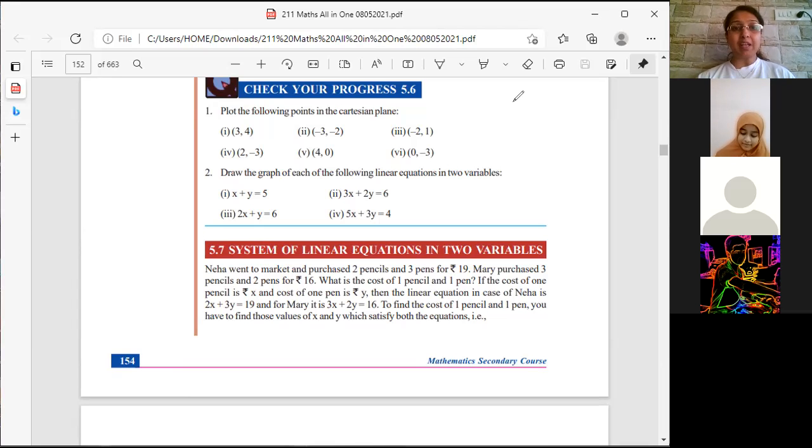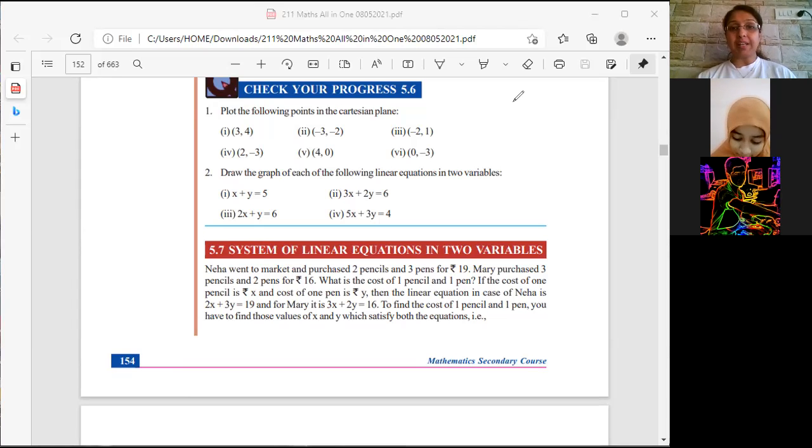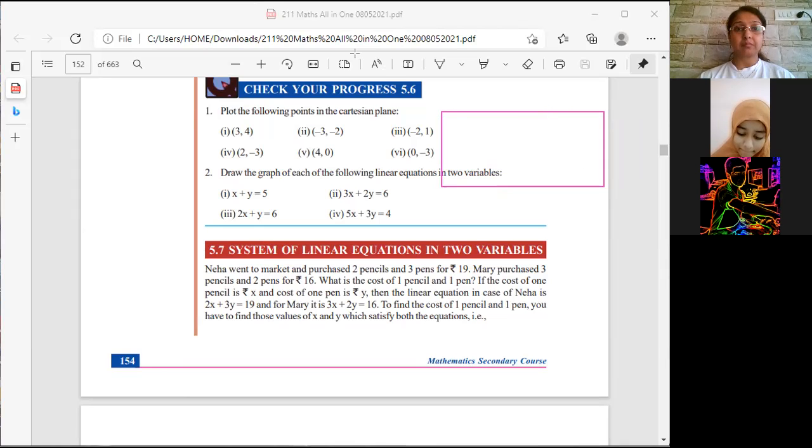Again, make the table very quickly so that we can have those coordinates. Write x, y, x comma y. We are going to take 3 points.